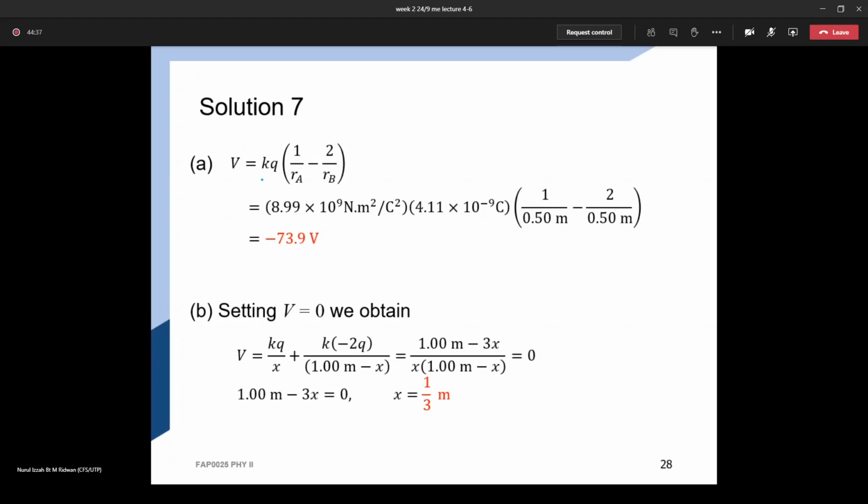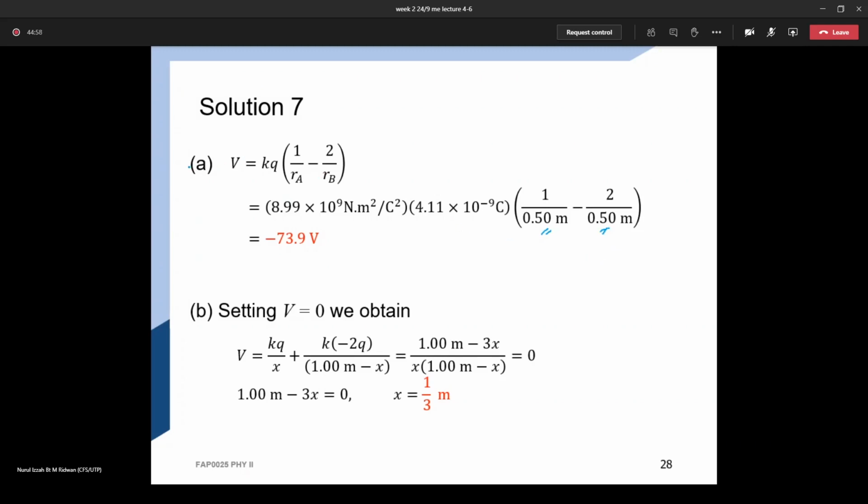But to calculate the potential in the middle, in between the two charges that we have in the question, you have RA and RB, and they should be the same, which is 0.5. This is because you want to find the location right in the middle.